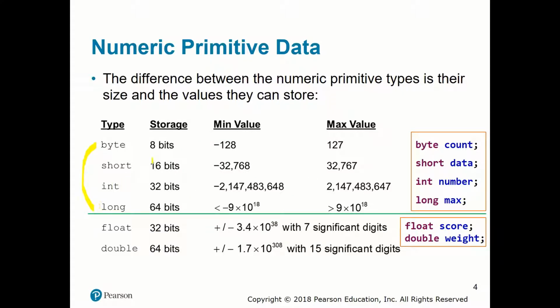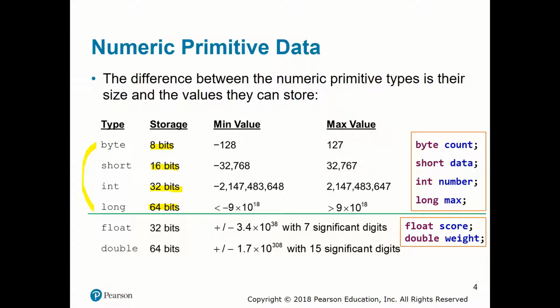So, byte is an 8-bit storage size, and short is 16-bit, and int is 32-bit, and long has a 64-bit storage. So according to this storage size, we can see how many numbers can be stored in each data type.